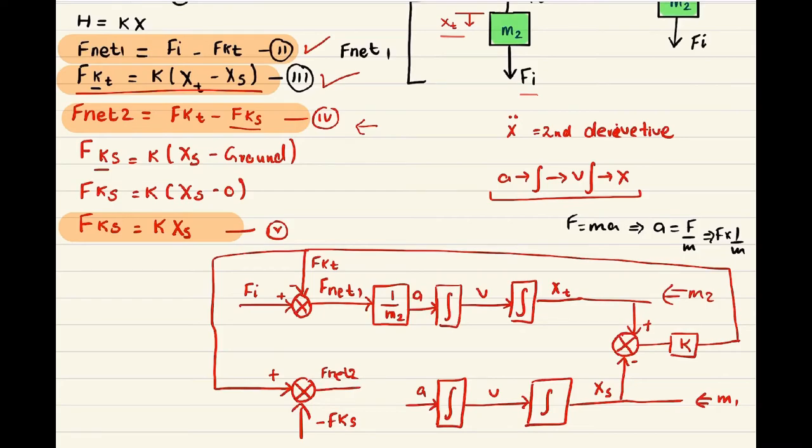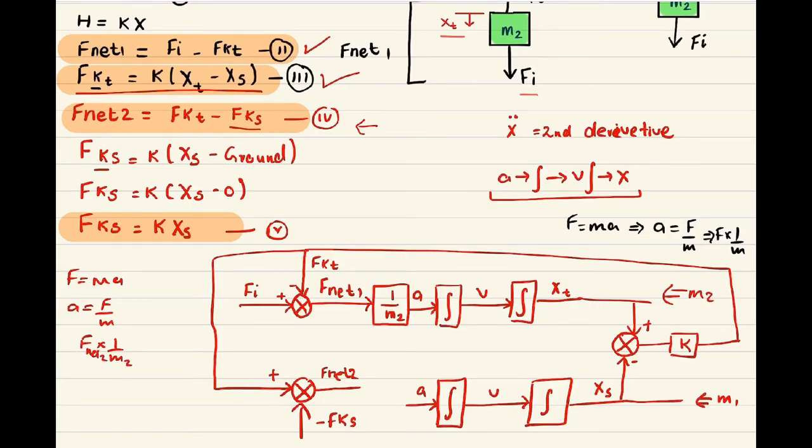Now where this Fnet2 is going, as we know that here is acceleration related to xs, which is for m1. So for m1 we're going to use exactly the same formula, because we're having an acceleration here, and acceleration came out of F equals ma. Keeping a as the subject, we're having F over m, which means F times 1 over m, but just replace this m with m2 and F with Fnet2.